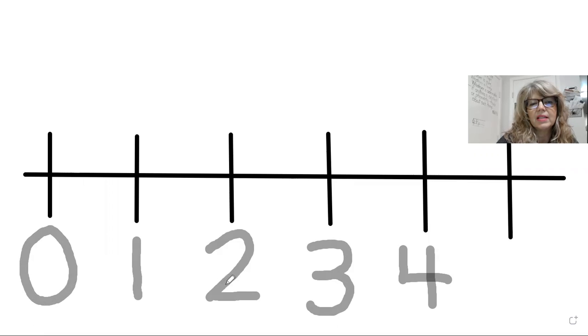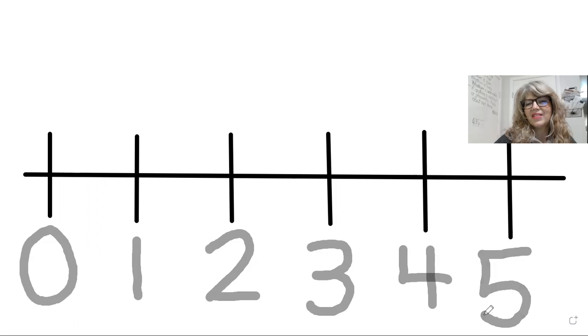0, 1, 2, 3, 4. Is it a 5? I think so. Across and down and then around. It is a 5. Okay, so you can do this at home. You can just get a piece of paper and draw one long horizontal line. Remember, going left to right.